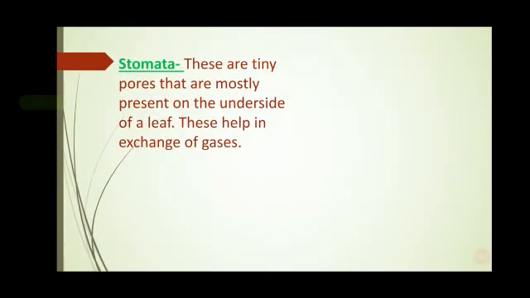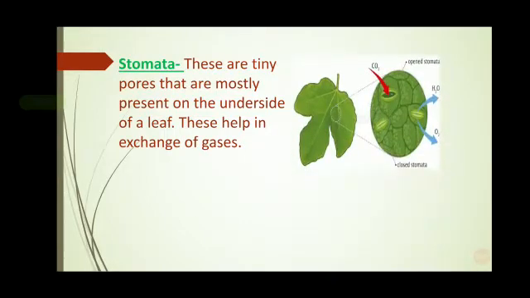So let's see our next part. Our next part is stomata. These are tiny pores that are mostly present on the underside of a leaf. These help in exchange of gases. So students, the stomata are the tiny pores mostly present on the underside of leaves, and they help to exchange gases such as carbon dioxide, oxygen, or somewhat water also.